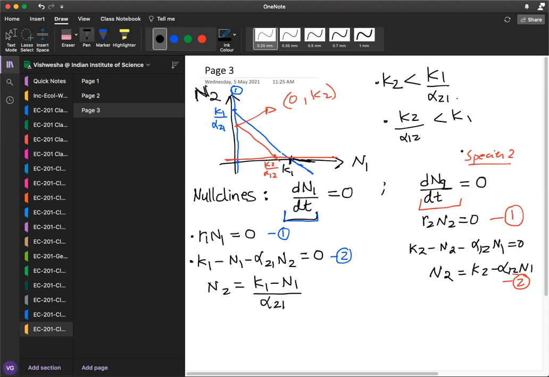So I made two assumptions to arrive at this graph. Any questions on this before we go further? It's basically simple graphing, by the way. Nothing very complicated.